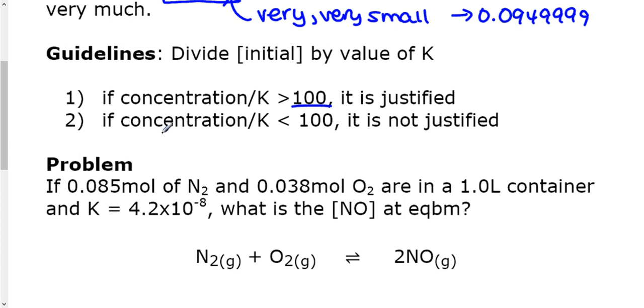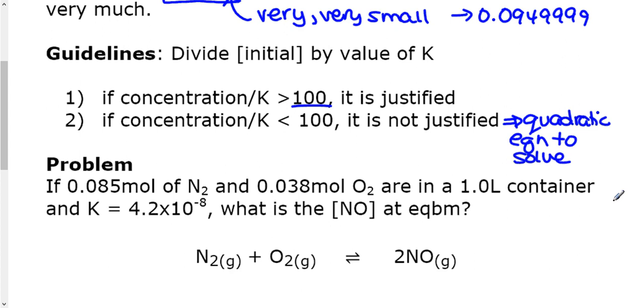However, if you check your starting concentration and divide it by K and it's less than 100, you can't use this method, which means, guess what? You're back to good old quadratic equation. So avoiding the quadratic equation, because I know you all would rather not use it if you didn't have to, is a great way to get around that problem.